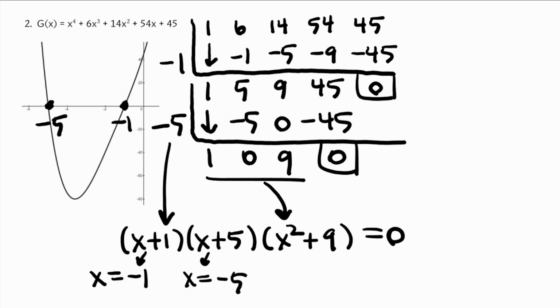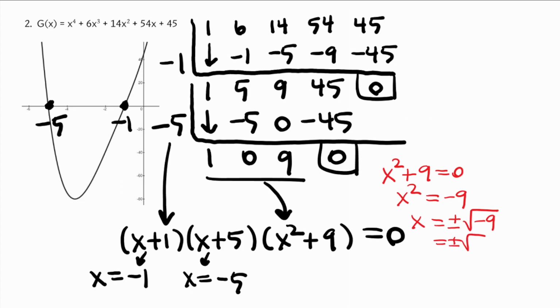Let me work this off to the side a little bit. So if I've got x squared plus 9 equals 0, hopefully you're getting to the point where you can start to see what's going to happen with this. But if you can't, just keep following the usual steps. Solve for x. Wait, no, I'm taking the square root of both sides, so I need to include the plus or minus.